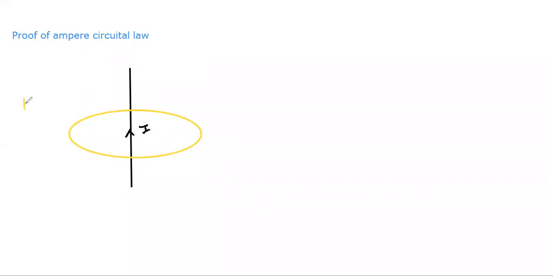You can note down that, like in Gauss's law it was the Gaussian surface, here, if we assume any loop, that is known as an Amperian loop. So current I is flowing here. Let its radius be r. This radius of the Amperian loop is small r.